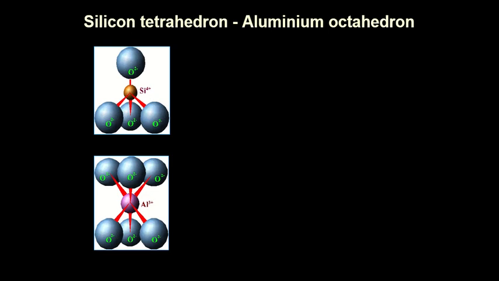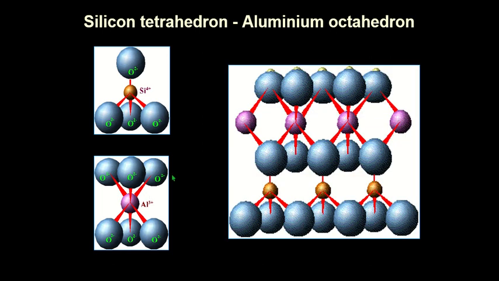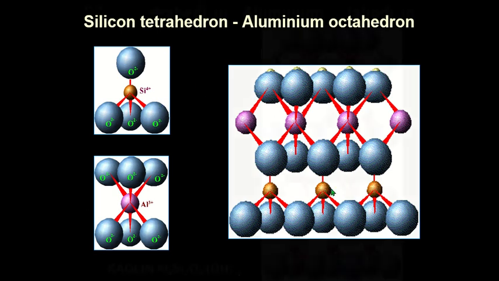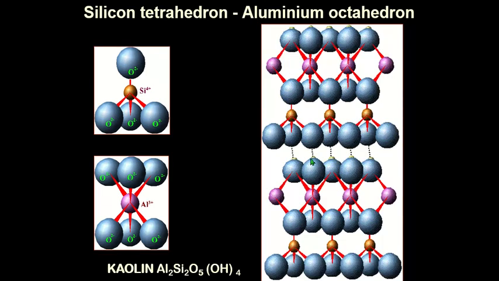So this is the structure. You have the silicon tetrahedron, 1 silica and 4 oxygens, and the aluminium octahedron, which is aluminium and oxygen. So these two together can link through the oxygens to form these sheet-like structures. And this is actually the structure of kaolin.